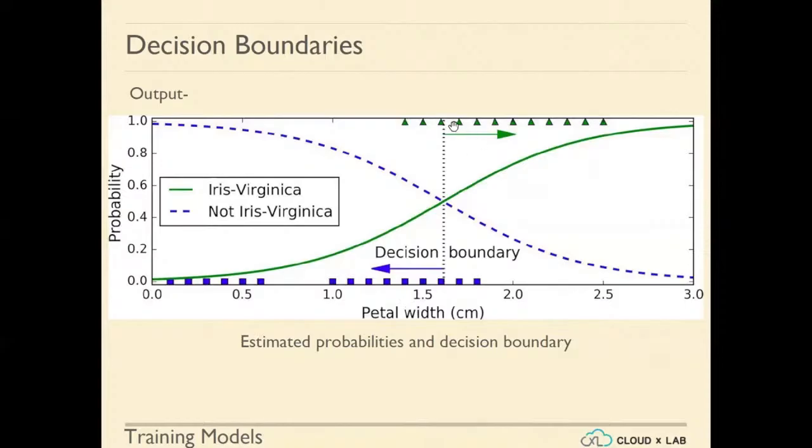If you see these examples, we have two classes, Virginica class and not Virginica class.